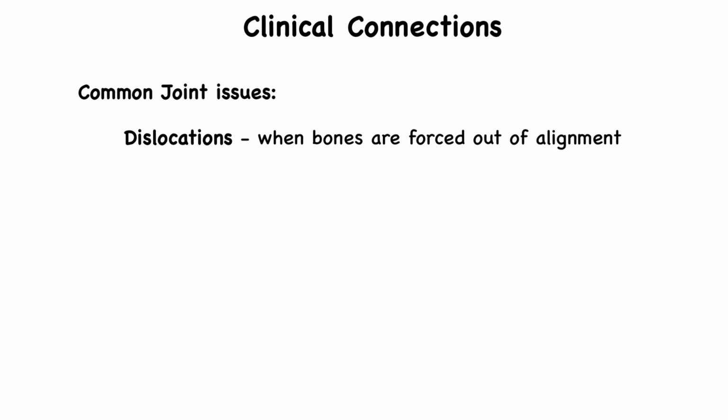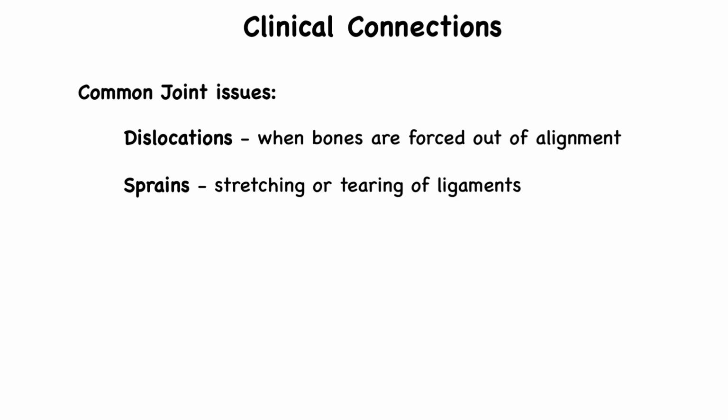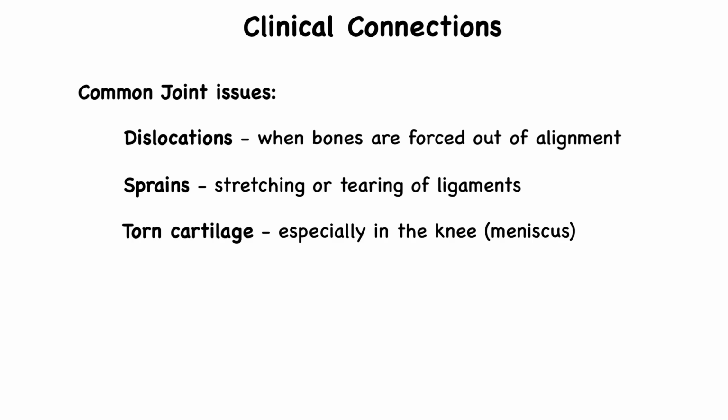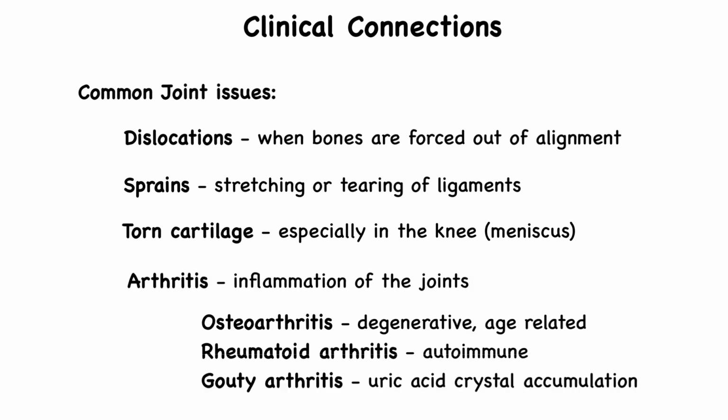Joints are vulnerable structures, especially synovial joints. Common joint issues include dislocations, when bones are forced out of alignment, sprains, the stretching or tearing of ligaments, torn cartilage, especially in the knee, in the meniscus, arthritis, where we have inflammation of the joints, and there are many types of arthritis, including osteoarthritis, which is degenerative and age-related, rheumatoid arthritis, which is autoimmune, and gouty arthritis, which is uric acid crystal accumulation.